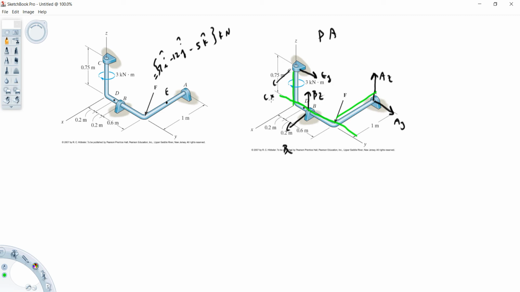Let's see, what else are we going to want to do here? Maybe write another equation about this axis right here. That'll get rid of these two. This one's parallel, so you'll have this thing times this distance.